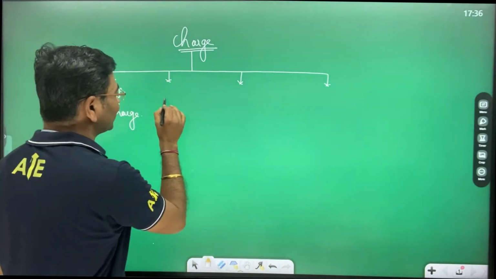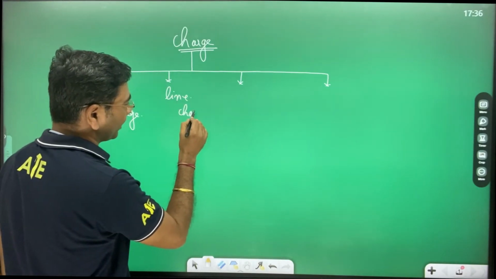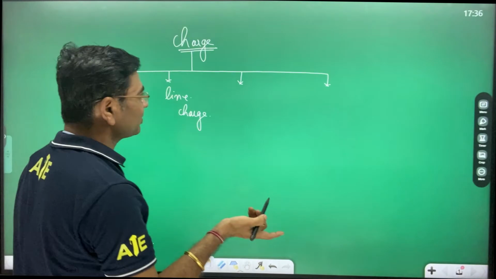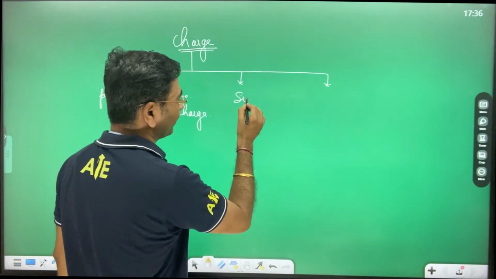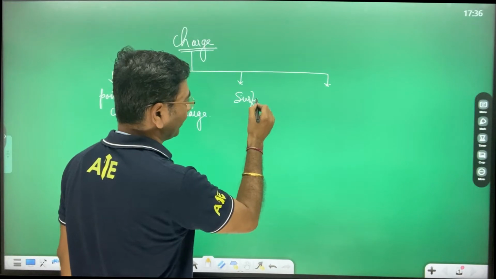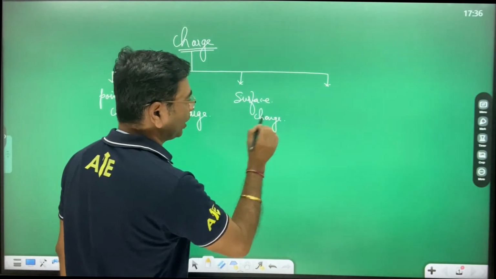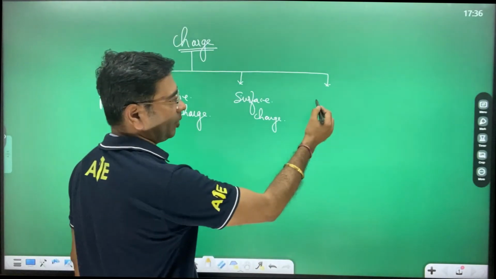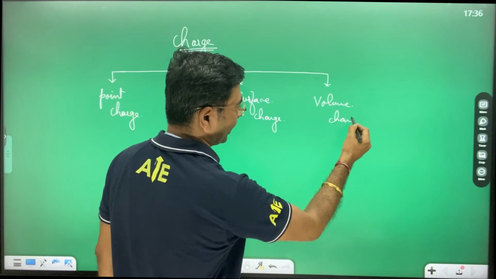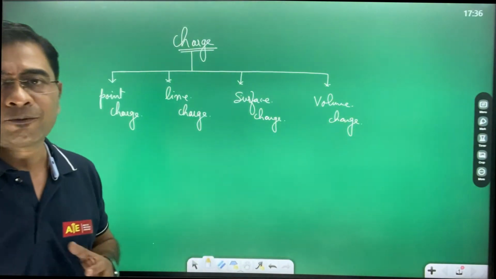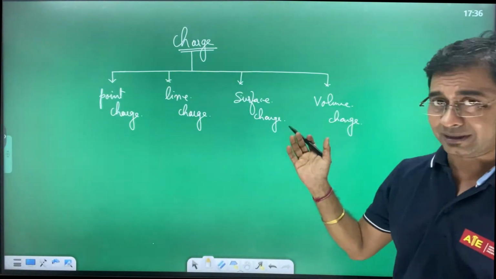Then charges may exist in the form of a line, so that is line charge, and charges may also exist in the surface, and therefore you will have the surface charge, or you may also have it in the form of a volume, and that is volume charge. So charges exist in 4 basic forms, right? You can see it over here.